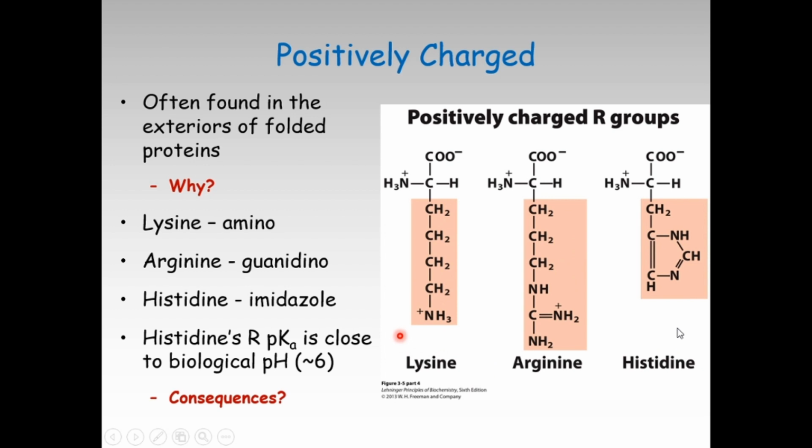At the end of the alkyl chain is a primary amine that is positively charged, right? Arginine, on the other hand, has a 3 carbon alkyl chain, whereas lysine has a 4 carbon chain: 1, 2, 3, 4.